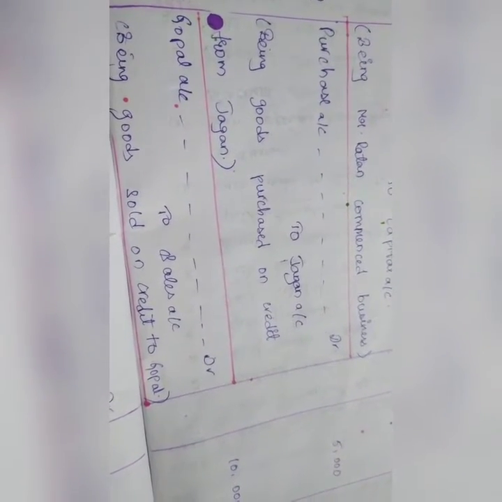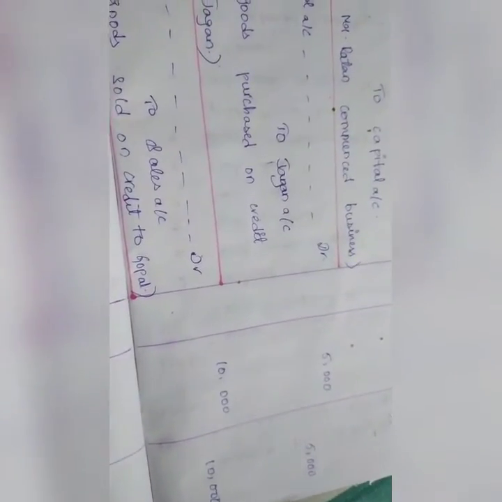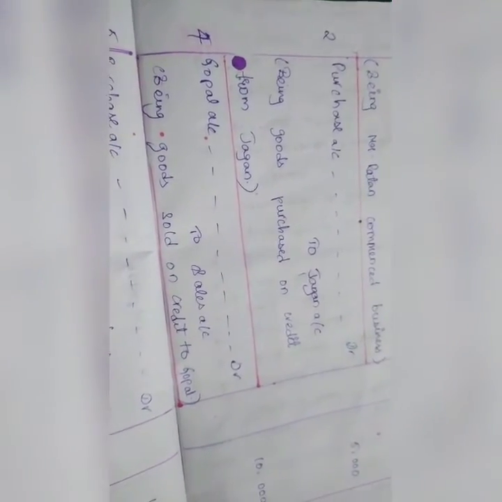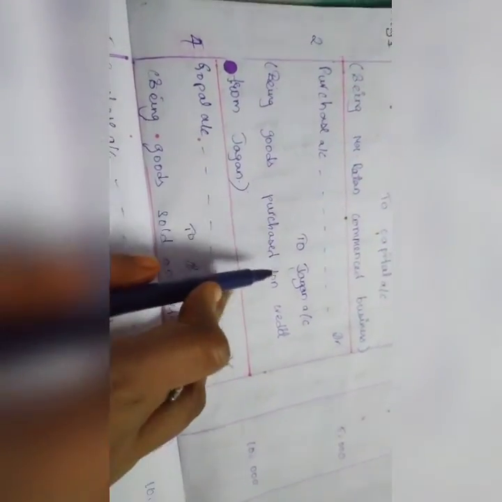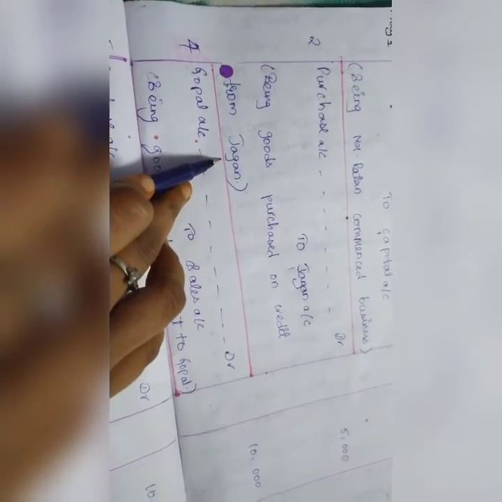On 2nd, purchased goods from Jagan rupees 5,000. The transaction is purchase account debit to Jagan account, amount rupees 5,000. Narration, being goods purchased on credit from Jagan.